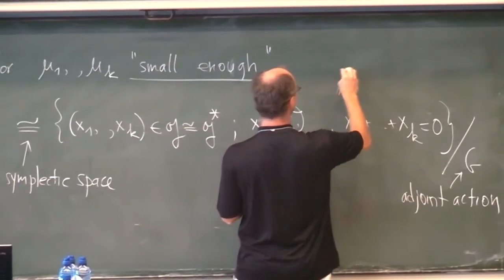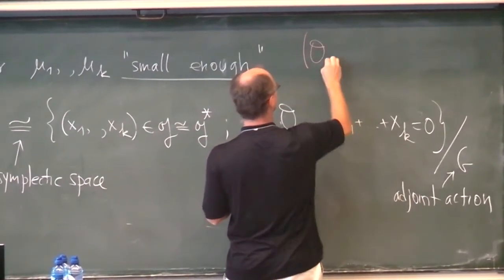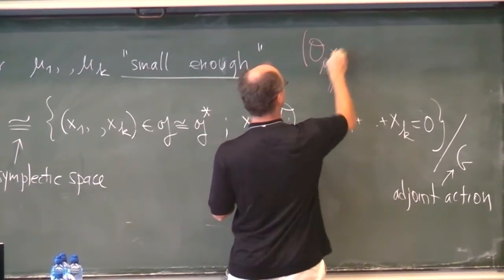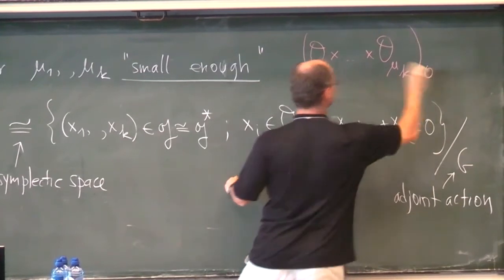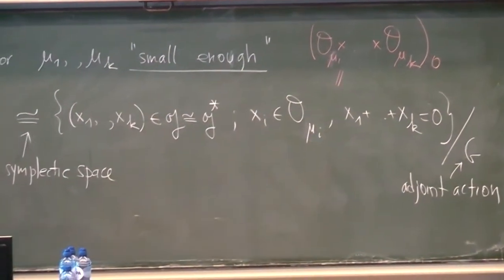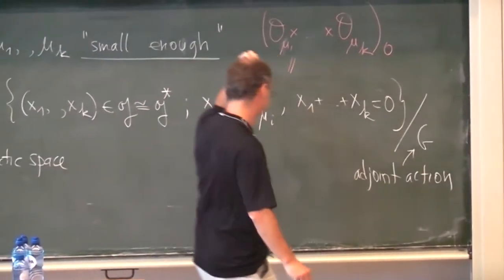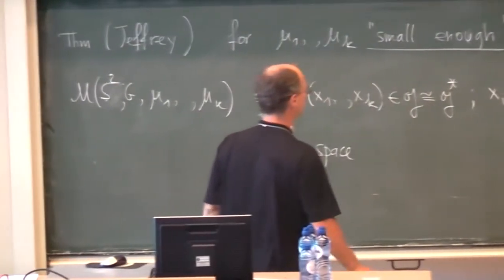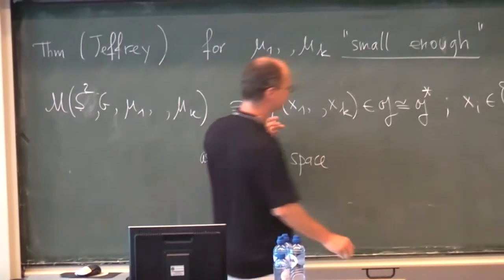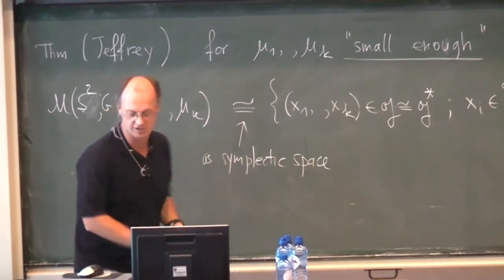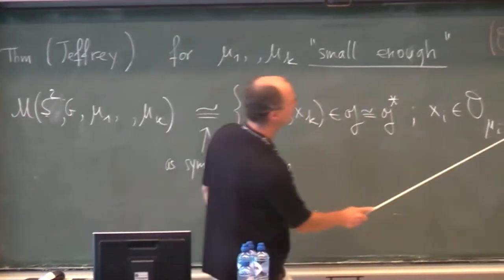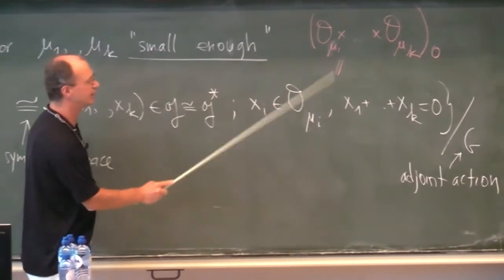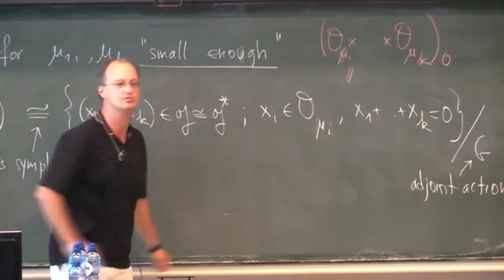So if you remember the first class, this is actually the same as the reduced space for the product of coadjoint orbits, O_mu1 through O_muk. And what is interesting, I find it quite remarkable: here we look at solutions of this equation, x_1 plus and so on plus x_k equals 0.